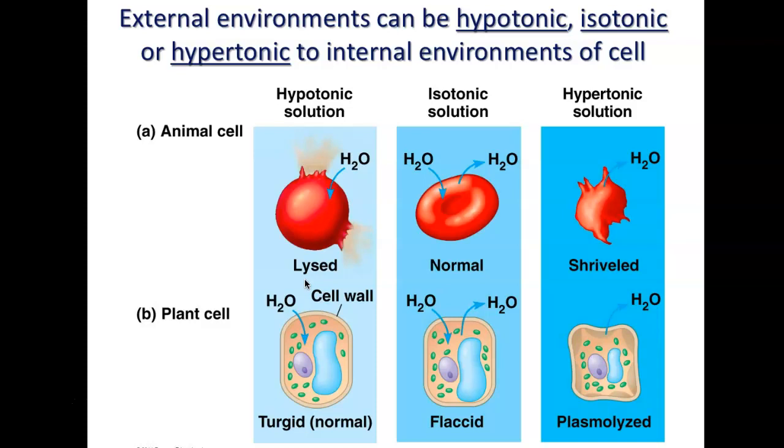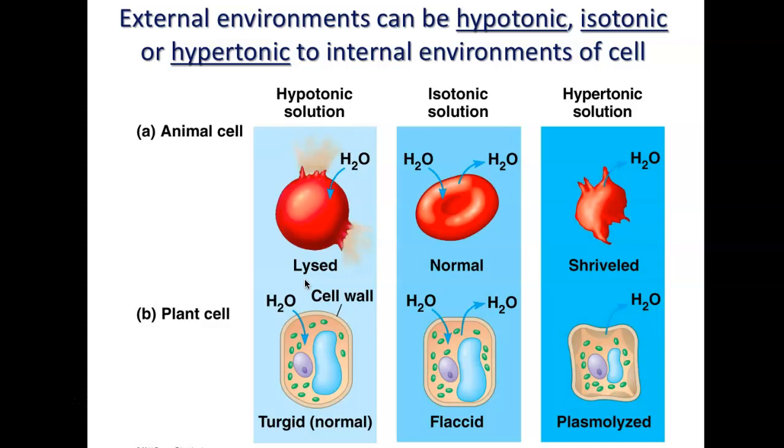All right, so on the bottom of page 57, you see it says hypertonic. You changed it to hypotonic. So in a hypotonic solution, or hypotonic environment, the concentration of solute is going to be greater inside the cell. Therefore, water moves in, an animal cell will lyse, and a plant cell is turgid.